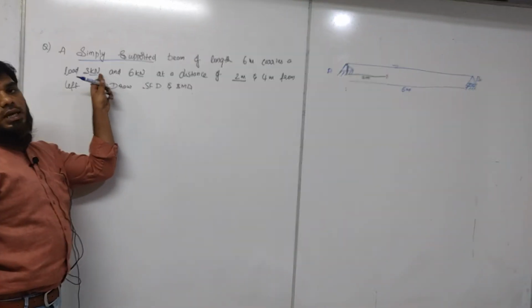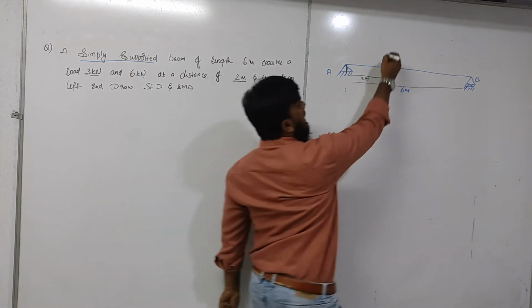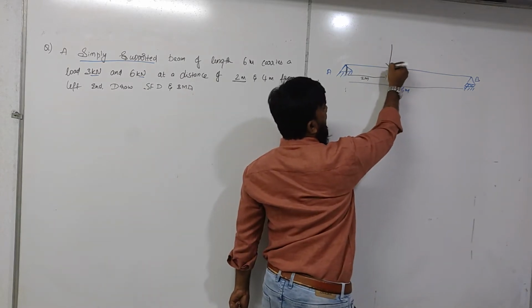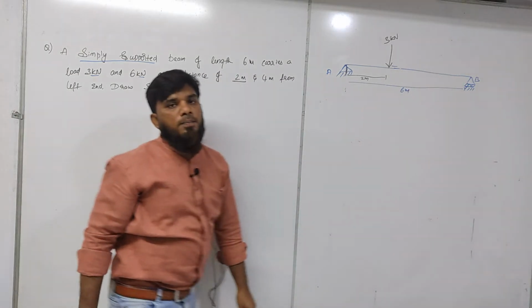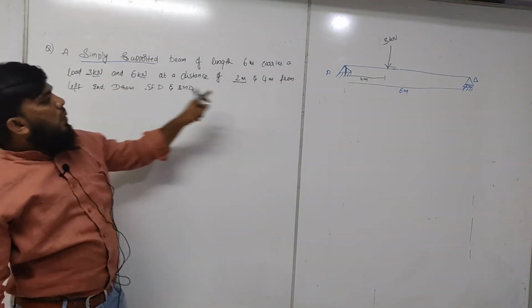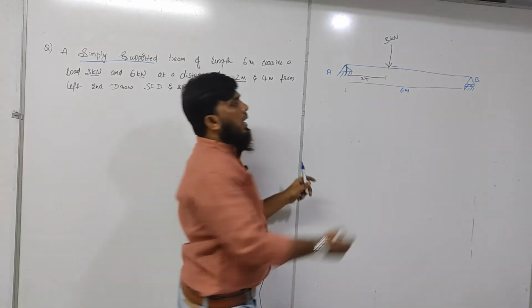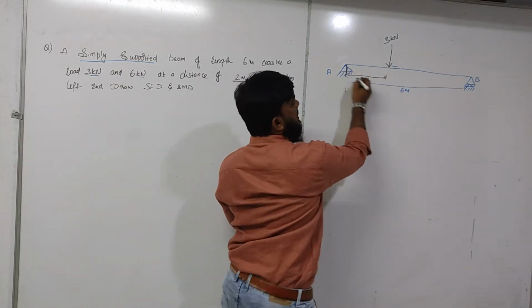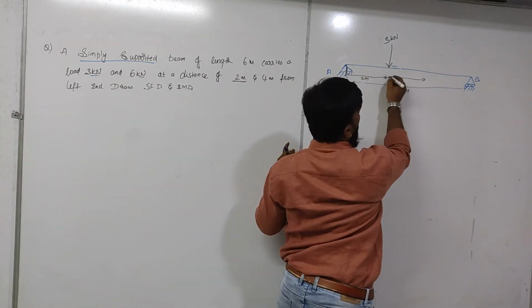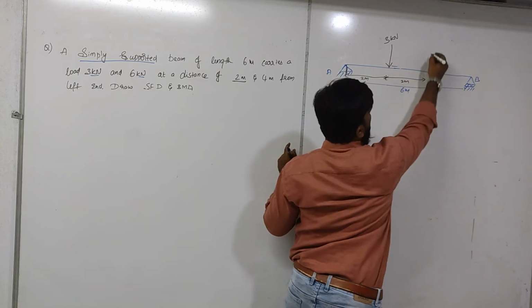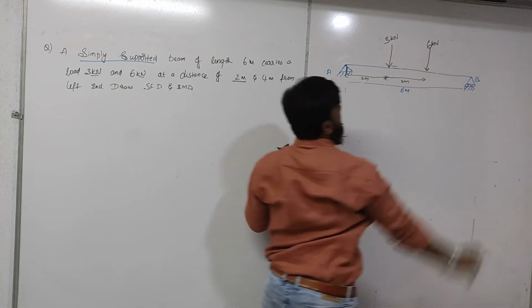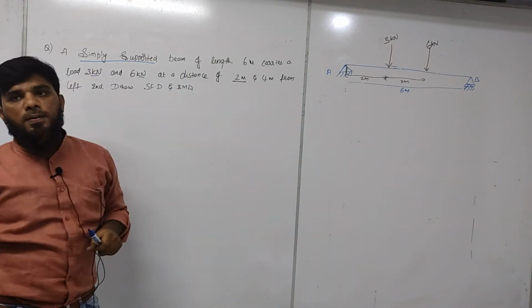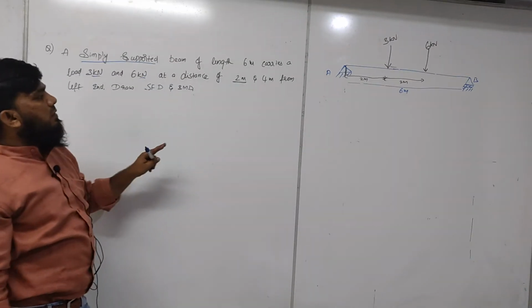The first load is 3 kilonewton, a point load. I am drawing the point load of 3 kilonewton. Then, from the left end the next distance is 4, so from here you have to travel another 2 meters. Here a 6 kilonewton load will be acting. Done. So this is the question which they have given.